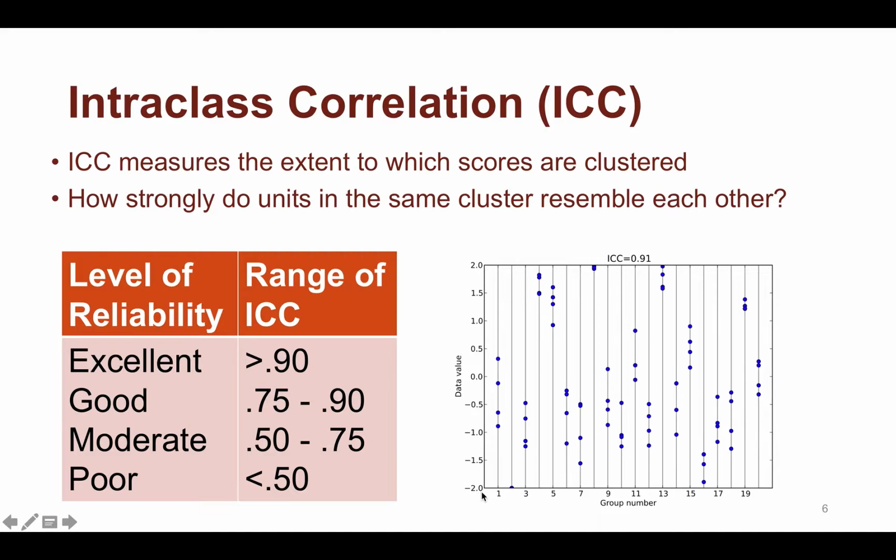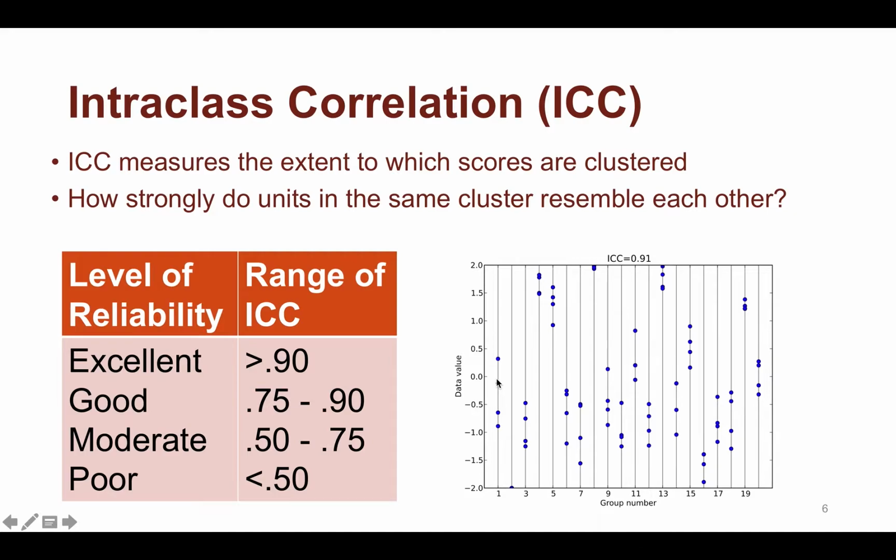So if we think about each of these lines, 1, 2, 3, etc., it says group number, but we're not talking about study groups. We're talking about groups of data. So it could be, like I said earlier, 4 different researchers rating the same thing, so this is from these 4 different researchers or these 4 points.